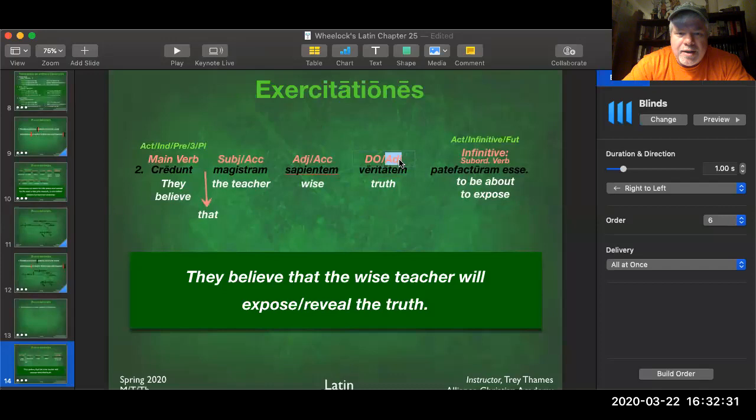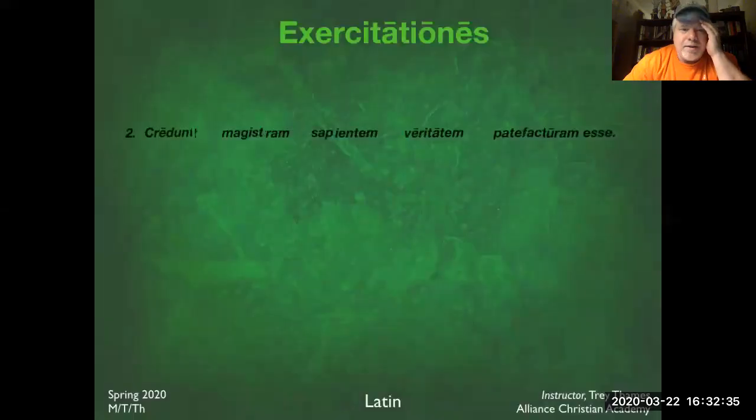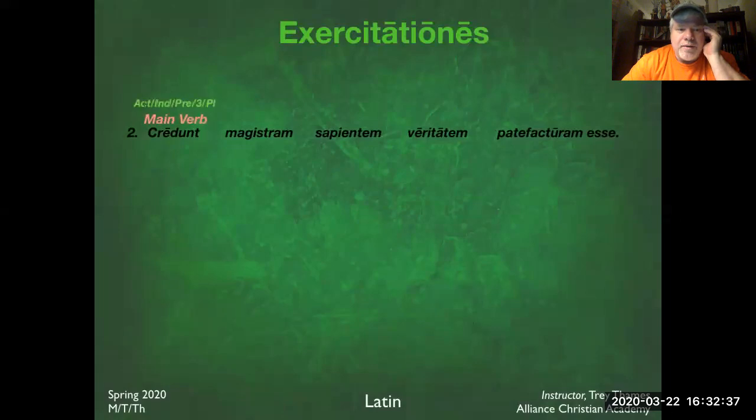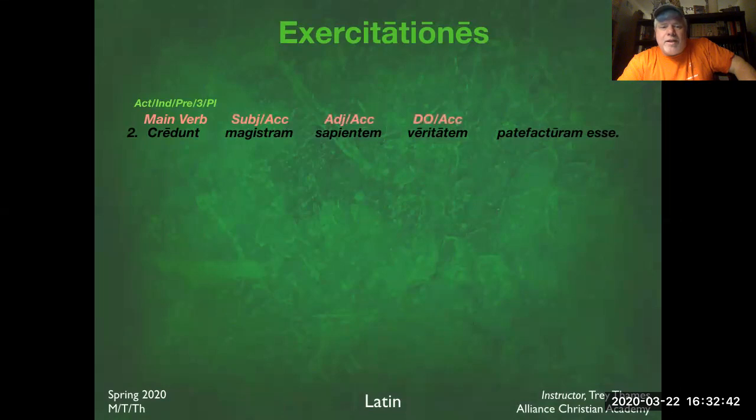Let me fix that. This is what happens when you copy and paste. All right, back to it. There we go. Direct object, it's accusative. And then you have your infinitive, subordinate verb. Let's parse that. It is active and it is future. It is the future active infinitive.